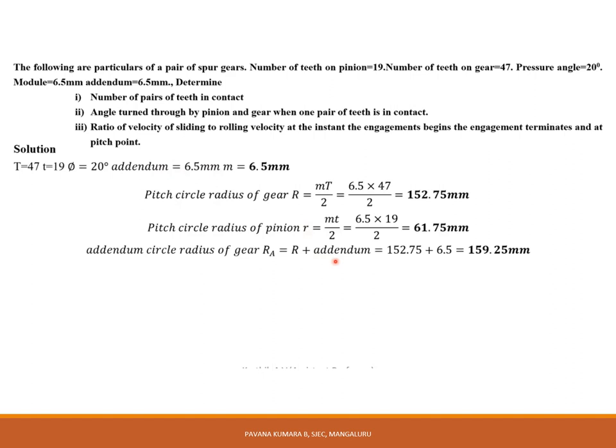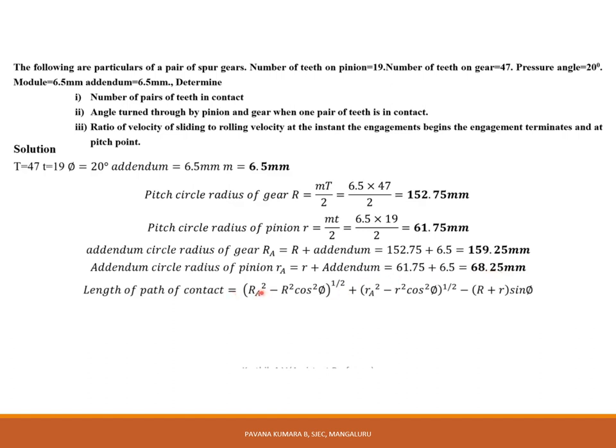AW is 1, so AW into M is 6.5 into 1, that is 6.5, so you will get addendum circle radius of gear capital RA. Addendum is directly given, no need of finding anything. So next, small RA, the addendum circle radius of pinion, is equal to r plus addendum, so you will get this answer.